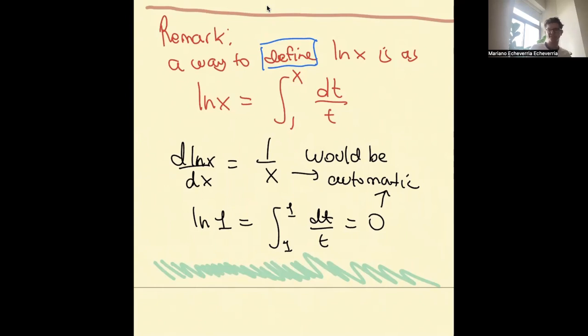Let's do an implicit differentiation problem because we haven't done those in a while, so that could be fun. Okay, let me do one of implicit differentiation.